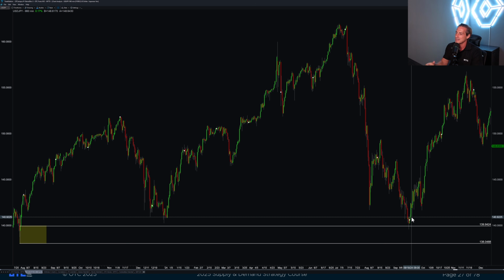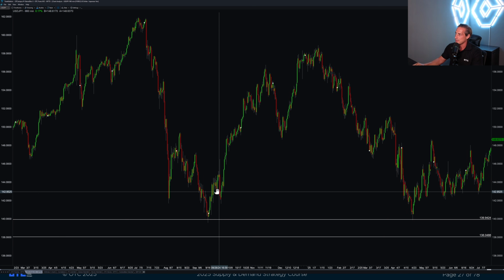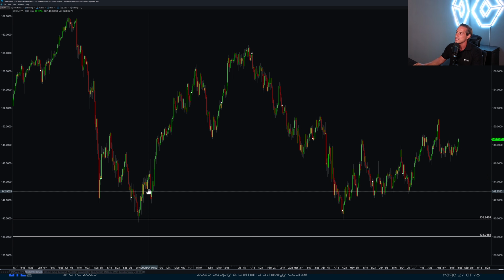That tells me that the stove is still extremely hot. And the next time price comes into that zone, we again get a strong reaction, because institutions still haven't bought everything they want to buy here. And this is what happened here, and this is exactly how I called the trade and how I took it all the way down here.